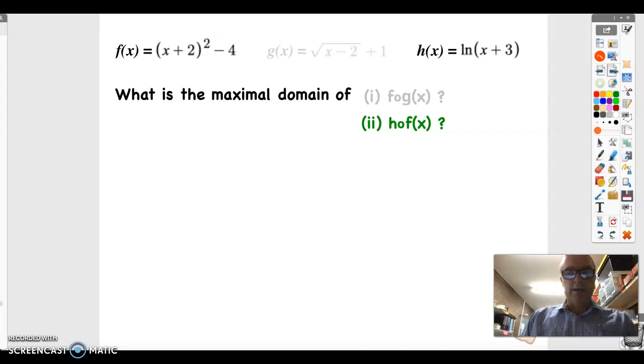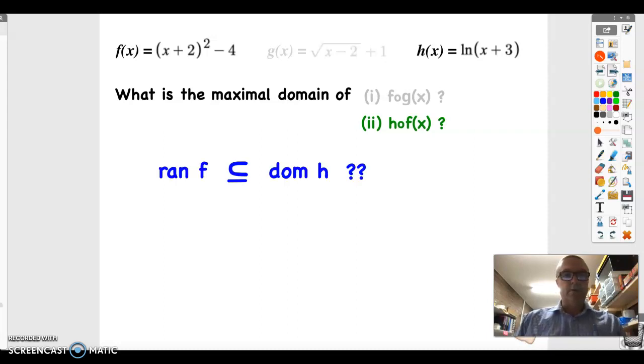Let's have a look at a different composite function now, and we'll think about what is the maximal domain of h of f. f is a quadratic function, h is a log function. So just like we did before, we're going to consider the condition whether the range of f is part of the domain of h, or a subset of that domain.